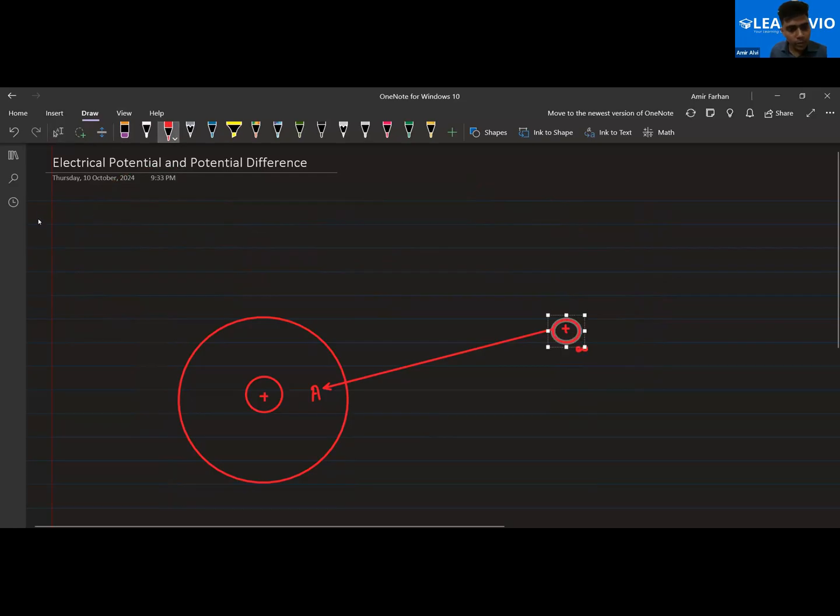So let me write it over here. Electric potential.